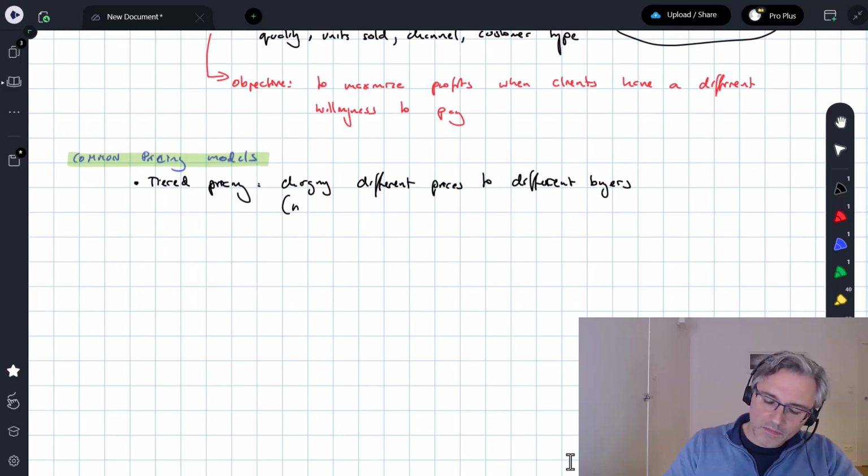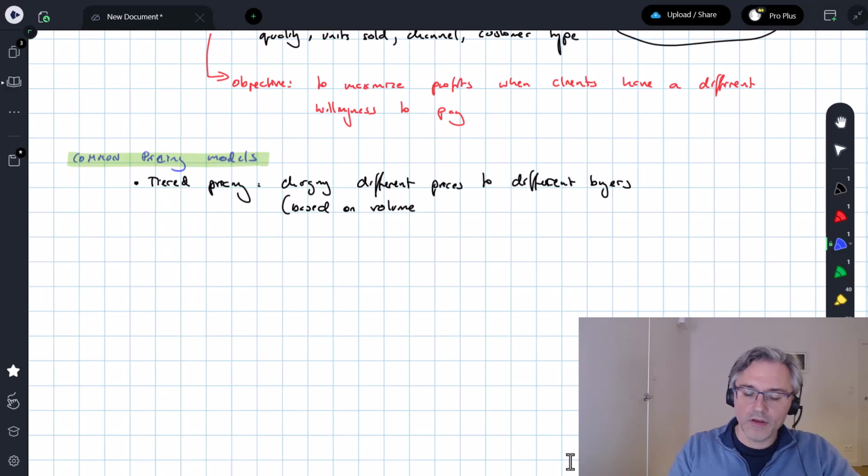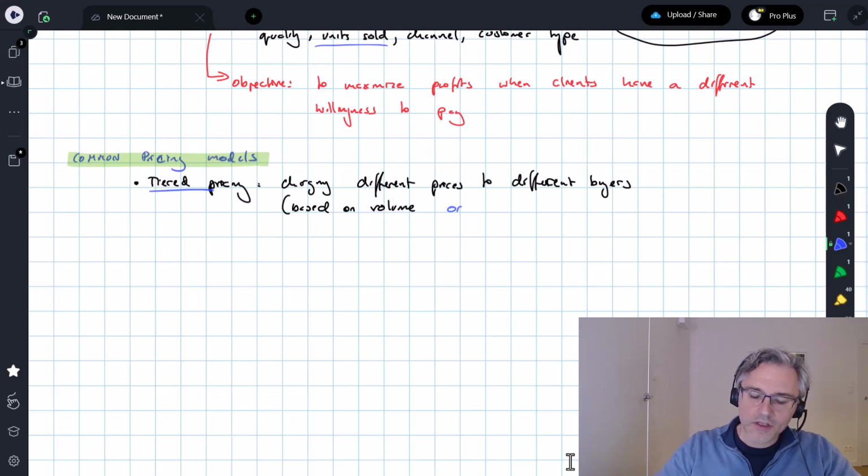This could be based on volume, how many units one is buying. Like I said, discounts for those who buy more. So it absolutely is an example of price discrimination. But this differentiation can be done also based on other features.